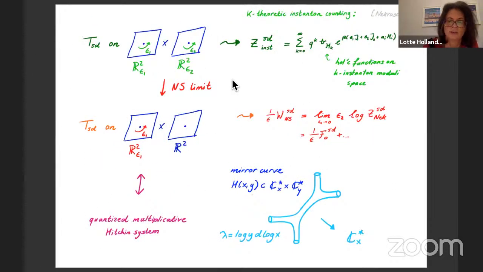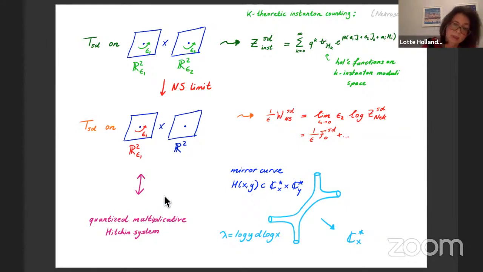So just to be complete, for these 5-dimensional theories there is a K-theoretic version of the instanton counting, where the partition function is given by a certain character with a trace over the holomorphic functions on the k-instanton space. Again, we can take the Nekrasov-Shatashvili limit, which in the limit where epsilon goes to 0 has a singular contribution proportional to the 5-dimensional prepotential.